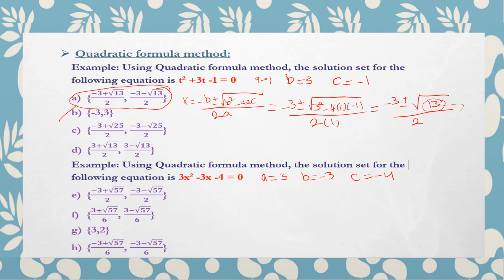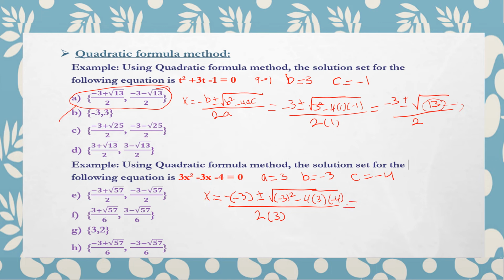Again, by substituting the values of a, b, and c in the general formula, we can get the solution set of x, which is minus b, so minus minus 3, plus or minus square root of b squared, so minus 3 squared, minus 4 times a times c, over 2a.